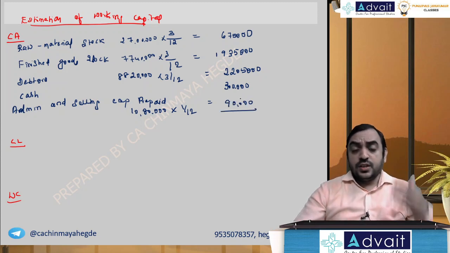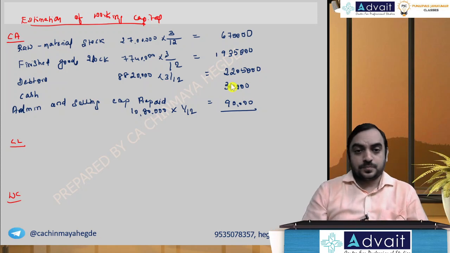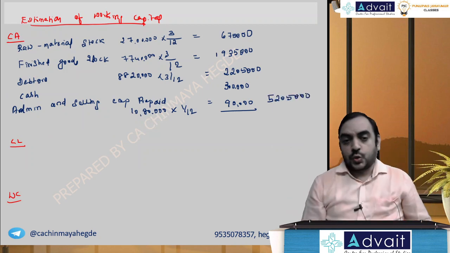So this will give you the current assets total. Okay. So you get 52 lakh 5,000, current assets total.